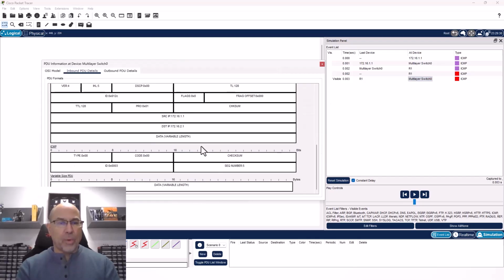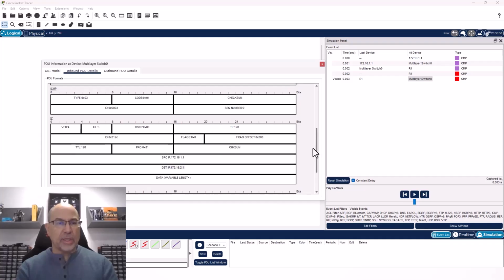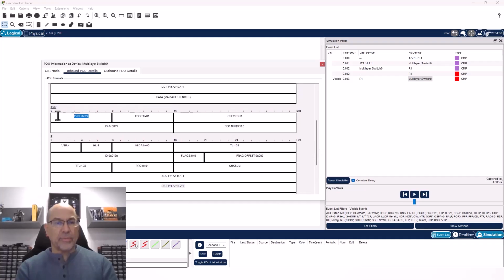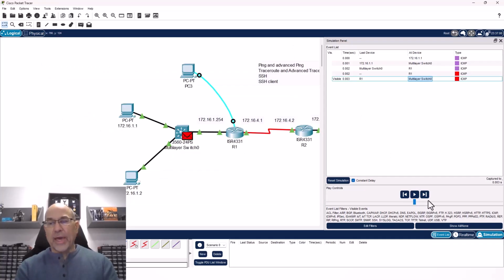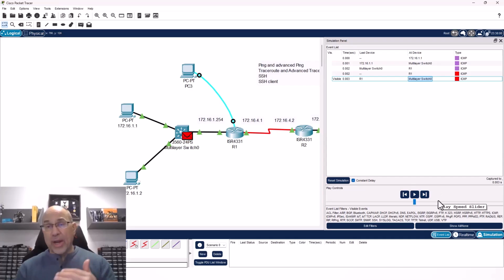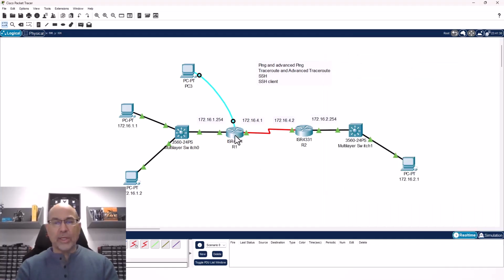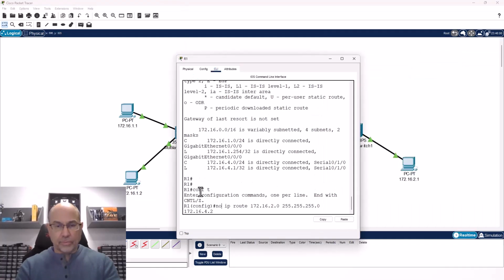So what we've got here is that you tried to go to this destination and I did not know how to get there. So this is an ICMP destination unreachable, type 3 destination unreachable. So that is the result of a router not knowing how to get there. So my default gateway doesn't know how to get to the destination. Well, let's fix that.